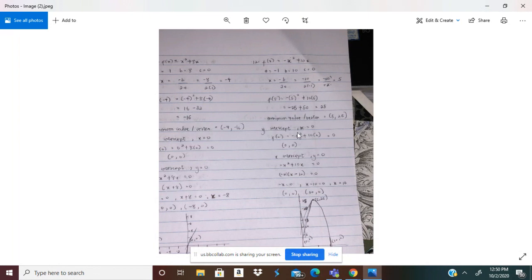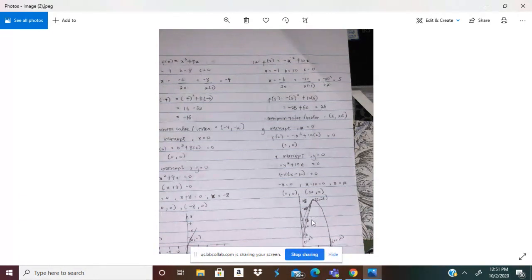For the y-intercept, x is 0. I put 0 into the function equation, so I got 0. The y-intercept is 0, 0. For the x-intercept, I set the whole equation to 0, and I got x times negative x plus 10 equals 0. So x equals 0 or x equals 10.